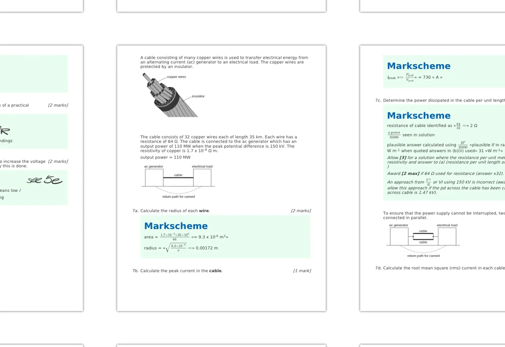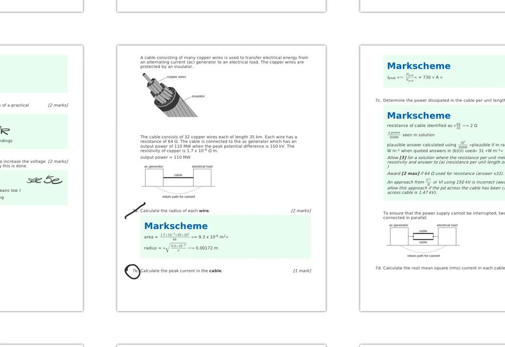Alright, so 7 has to do with transmission wires, and so 7A we don't need, it's a resistivity question, and 7B is a power calculation, but we're going to need to do 7D.